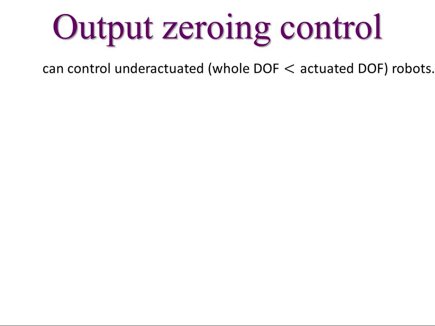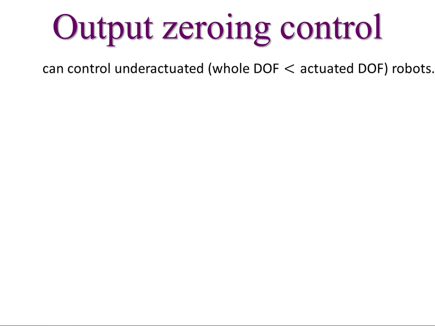Output zeroing control is a method that can control systems where the number of inputs is less than the system's degrees of freedom. Such a system is called an underactuated system.